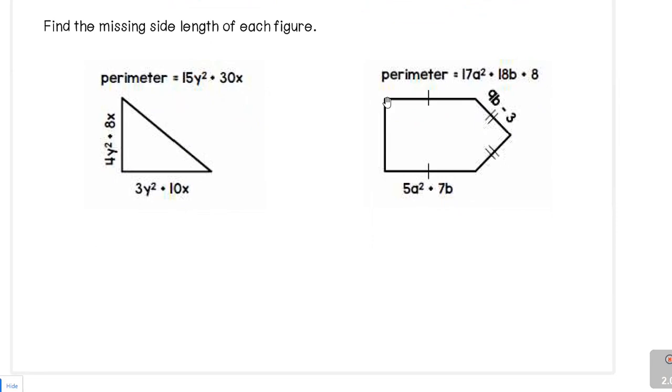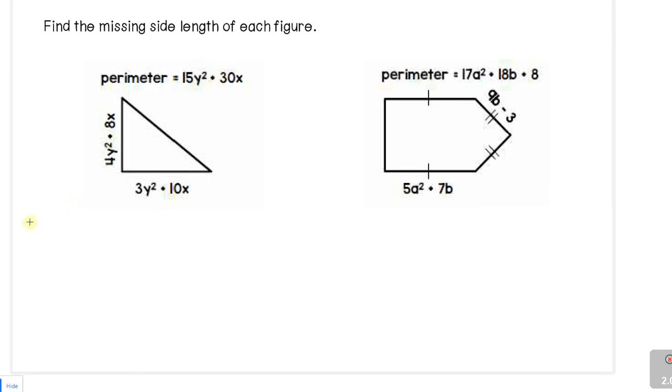Let's look at these two application problems. So we need to find the missing side length here. We have our original, or our perimeter here. So we are going to start off with our perimeter and then subtract our two sides.